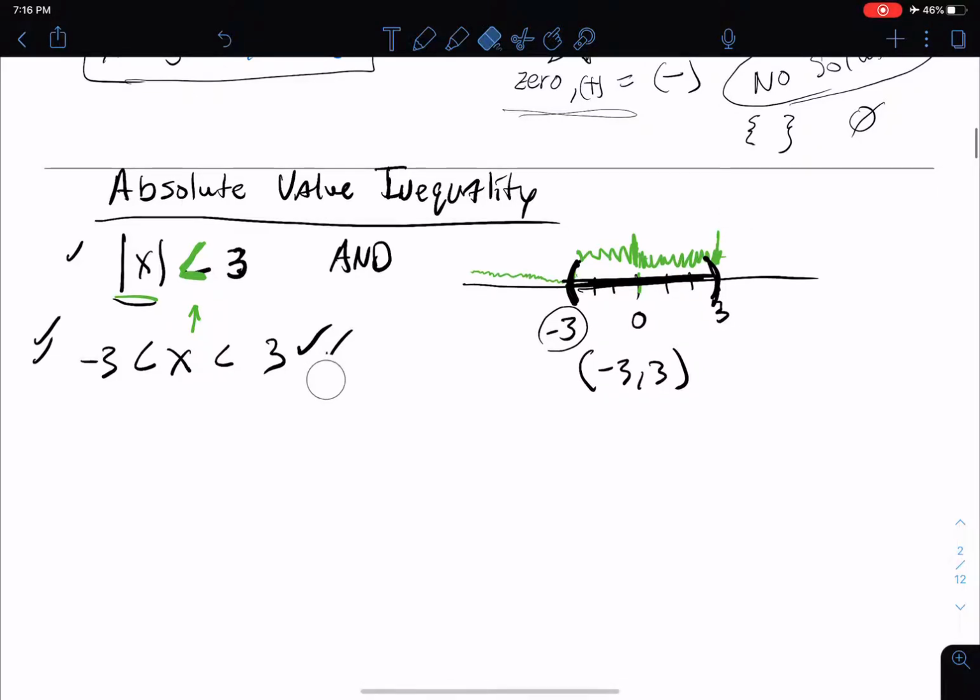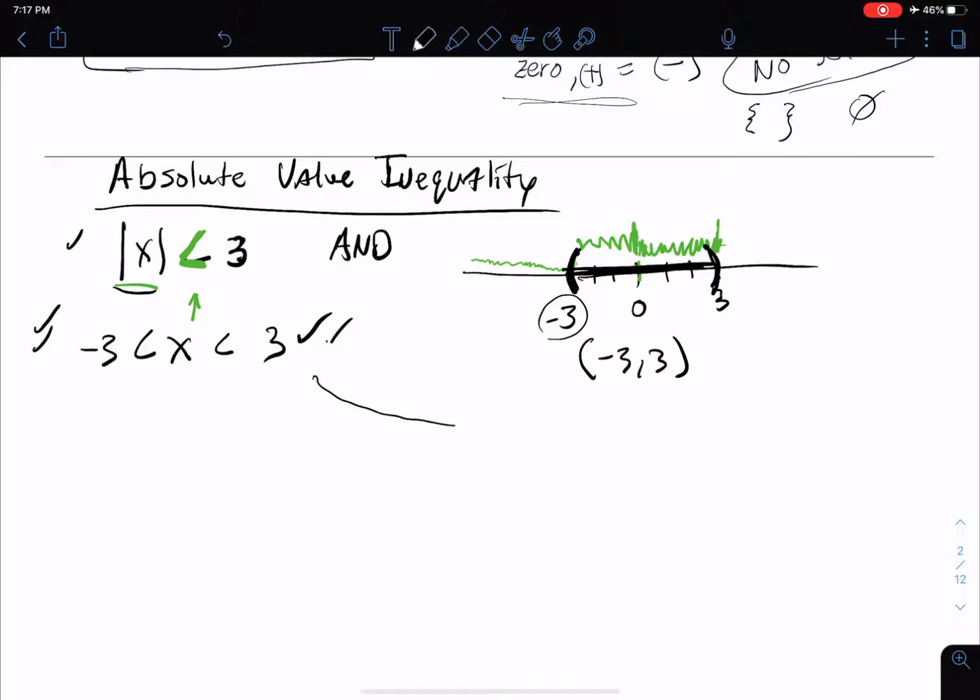But you could also write it as two separate inequalities, just to clarify if someone's thinking that. If I write this part of the inequality and I read it backwards, x is greater than -3, then we are forced to use our and word, which is also the same as using an intersection.